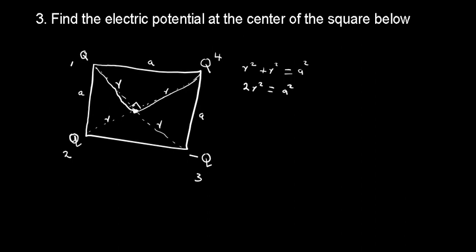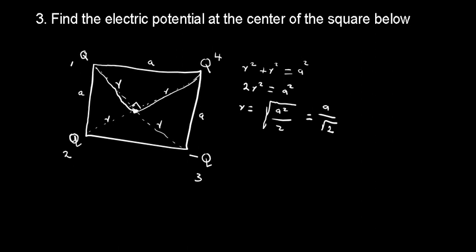Then our r is going to give us the square root of a square divided by 2, which is a divided by root 2.